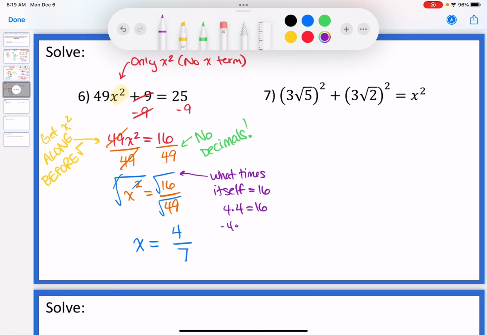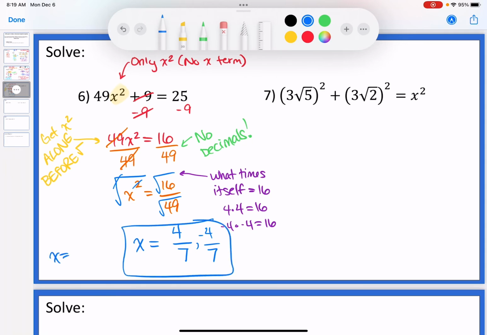But negative 4 times negative 4 also gives you positive 16. So you need to have two answers here. I could have positive 4 over 7, or I could have negative 4 over 7. We need to have two answers. When you write the square root sign in order to solve an equation, if the square root is not given to you in the problem, that's when you need to have two answers.